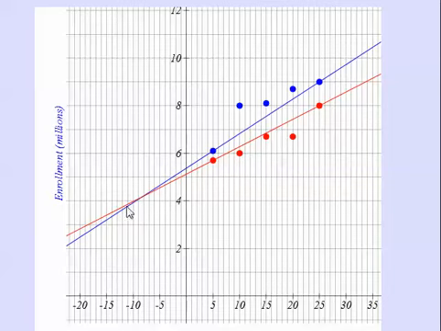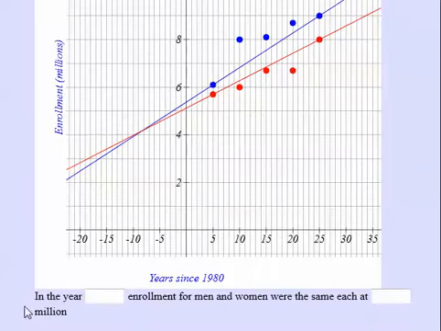Men is the red line. So we're asked right here, in the year what? Well, it's this year, which is about 9 years before 1980. So this would be maybe 1972, 1971, somewhere in there.